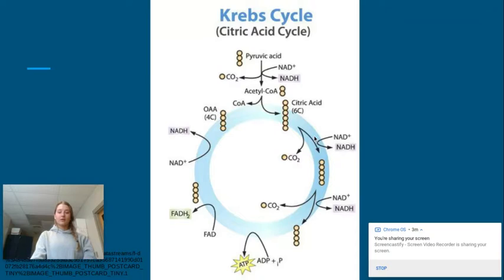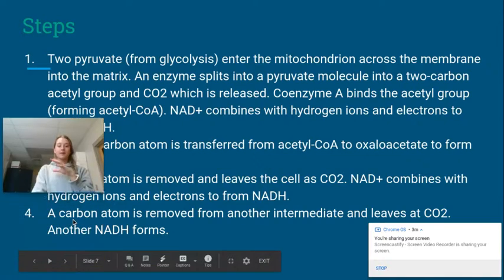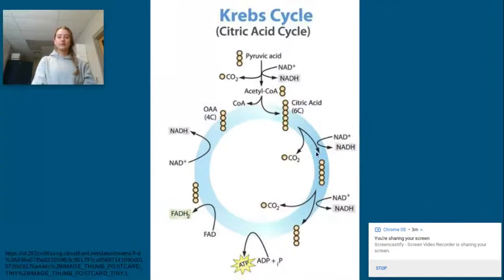So then we go through this process where NAD combines with hydrogen ions, and it converts to NADH. So this happens twice, so you can see right there.